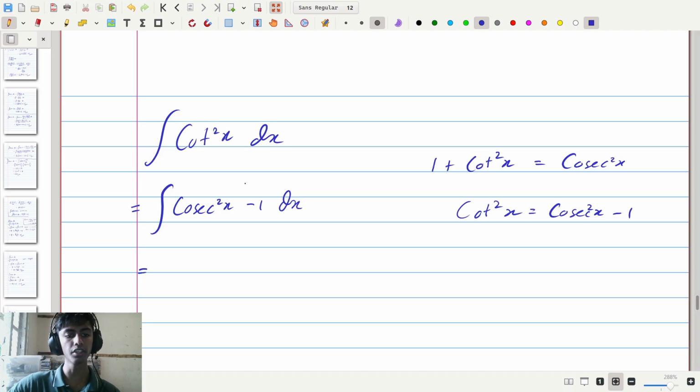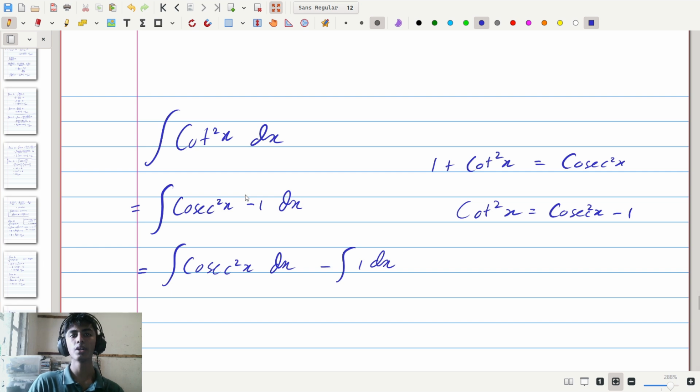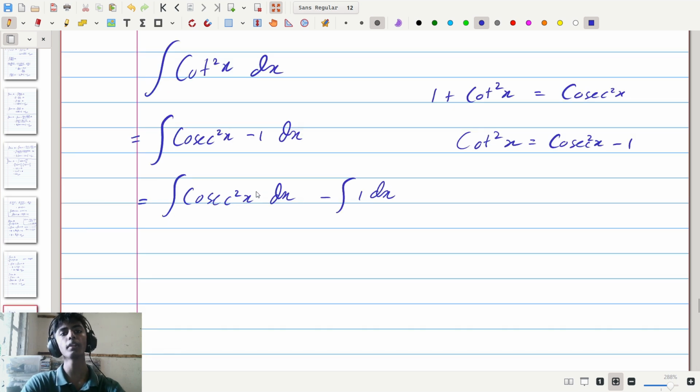which we can then break into two integrals. The first is going to be the integral of the cosecant squared of x with respect to x, and the second is going to be the negative integral of 1 with respect to x. For the first bit, we know that the derivative of the cotangent of x is negative cosecant squared of x. Therefore, the derivative of negative cotangent of x is equal to cosecant squared of x.